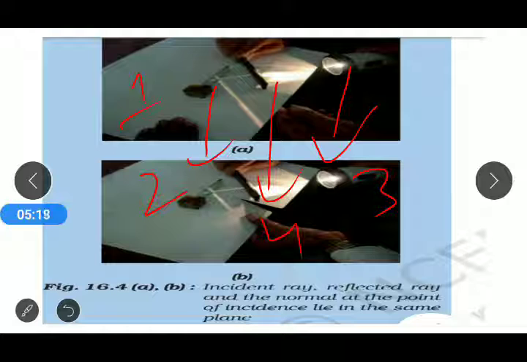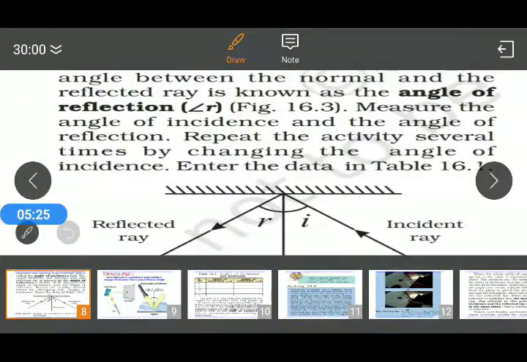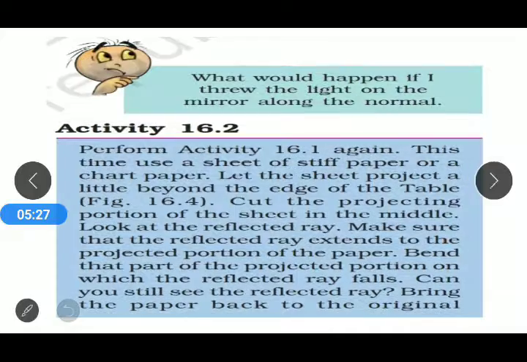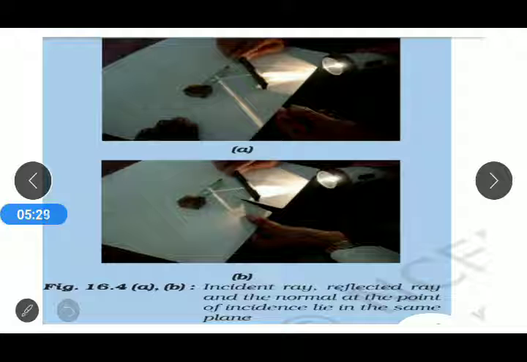Now what are we going to do in this activity? We throw the light from the source of light, that is, from the torch. When it passes through the comb, it is converted into a ray of light.